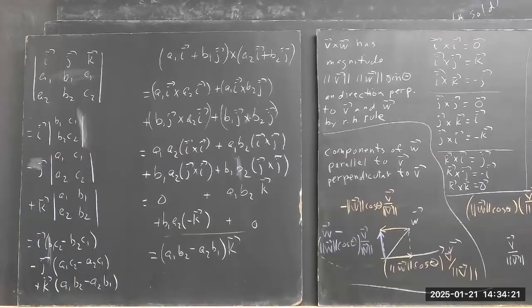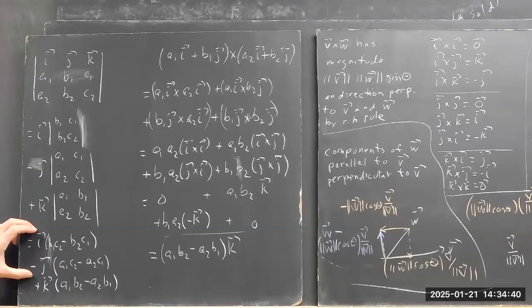And notice that if C1 and C2 happen to be 0, then both of these end up 0.